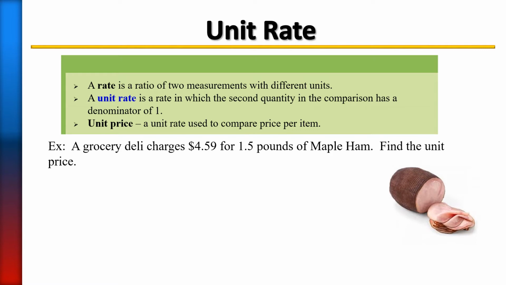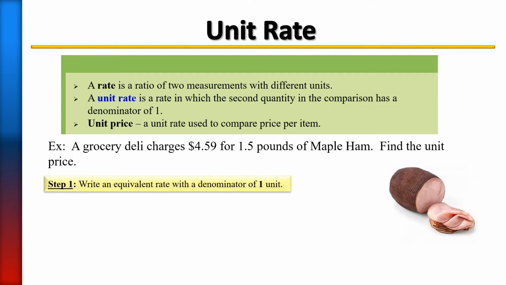Now, the quickest method to do that is all you have to do is take the price and divide it by its unit. In this case, it's pounds. So we're going to divide by 1.5. The math definition is to write it as an equivalent rate with a denominator of 1 unit.